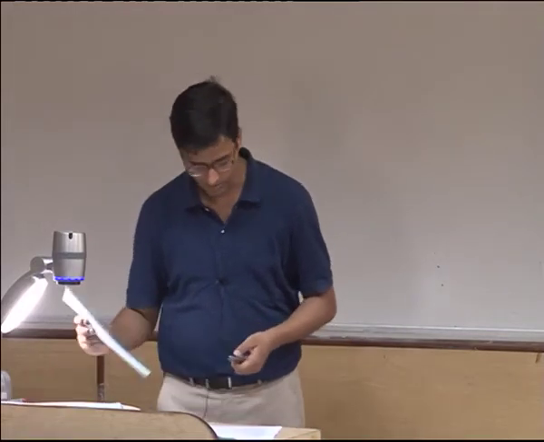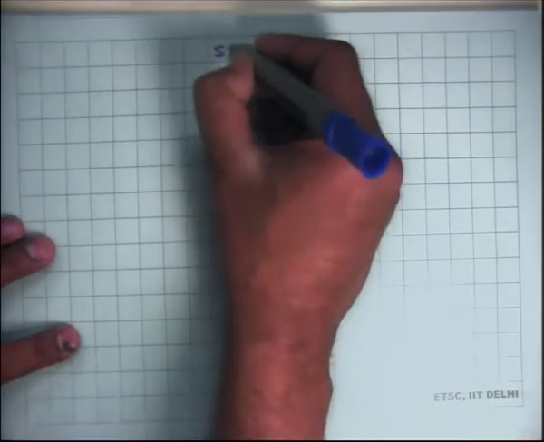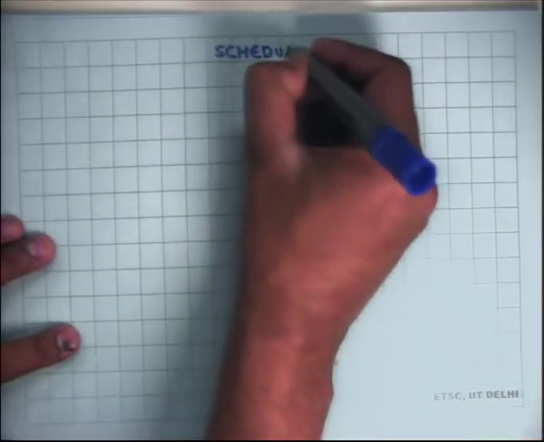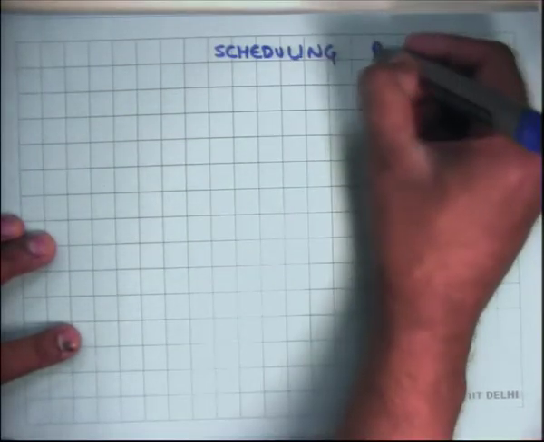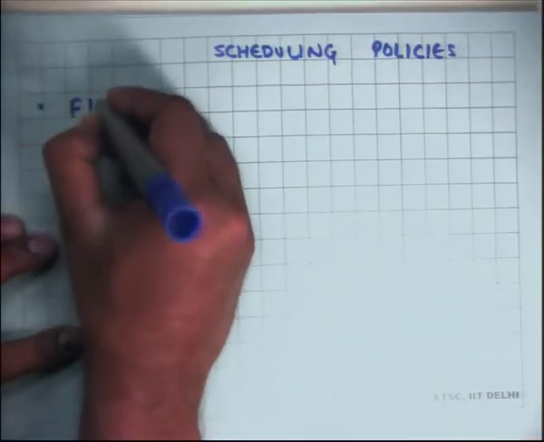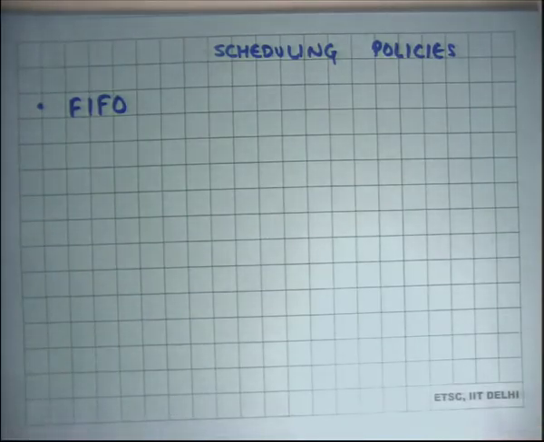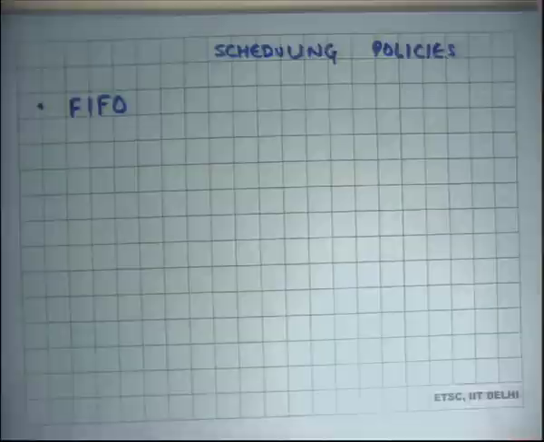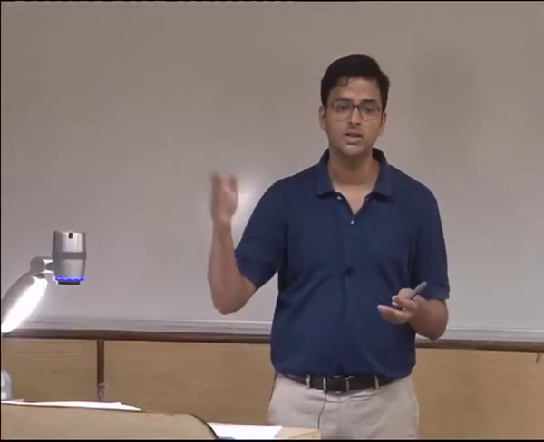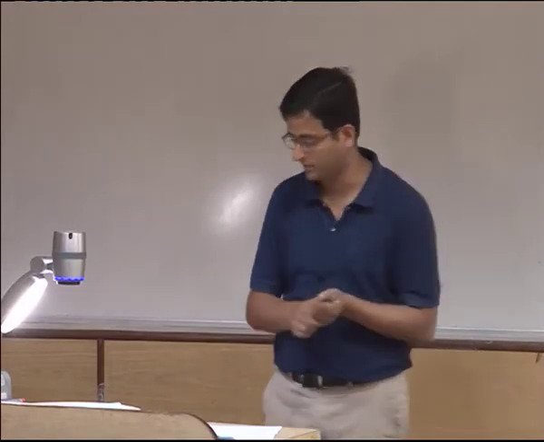Those are some of our objectives, and let's look at some types of scheduling policies. The simplest policy is first in, first out, or first come, first served. That's your typical scheduling policy. You queue up the jobs in arrival order, and you keep doing the jobs in the order that they arrived.